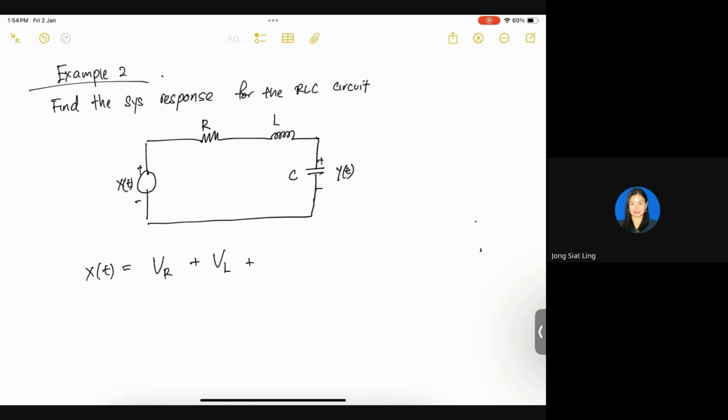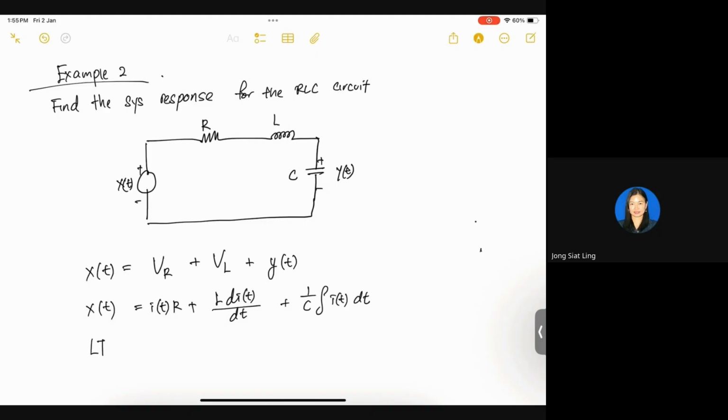But this capacitor actually is the y(t), is the output. So I name it as the y(t). So x(t), okay, VR equal to iR, so iR plus VL. VL is L di(t) over dt. Then y(t) is the capacitor, so 1 over C integrate i(t) dt.